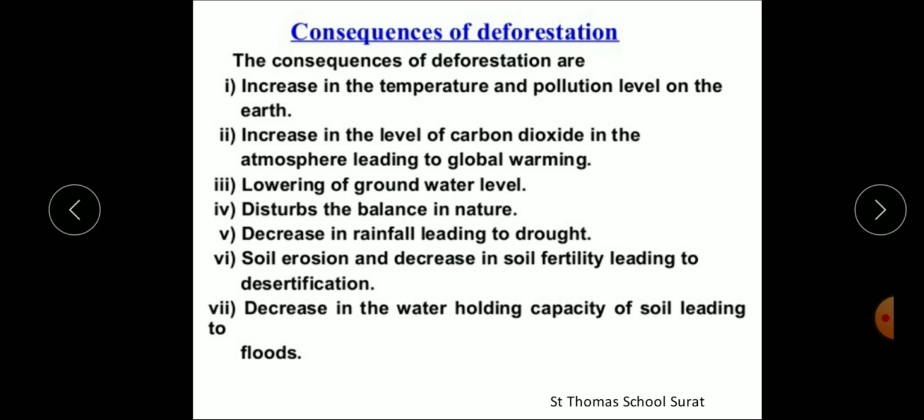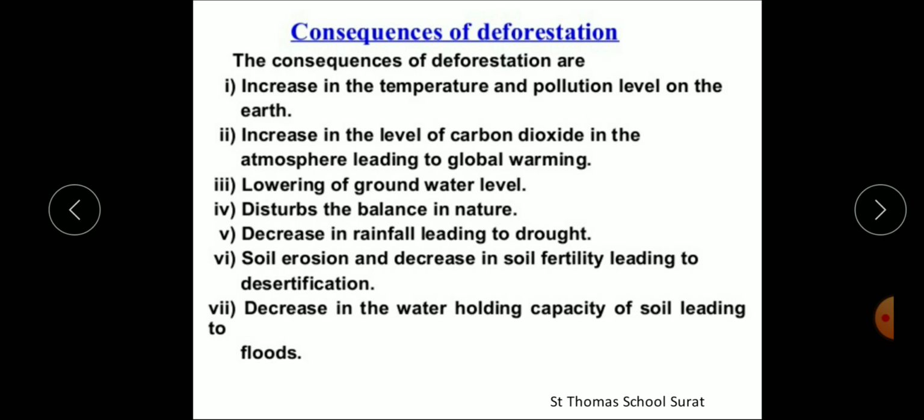Yes or no? So deforestation leads to an increase in carbon dioxide concentration in the atmosphere, which may lead to global warming also. Understood? Then there is an increase in air and soil pollution also on the earth.